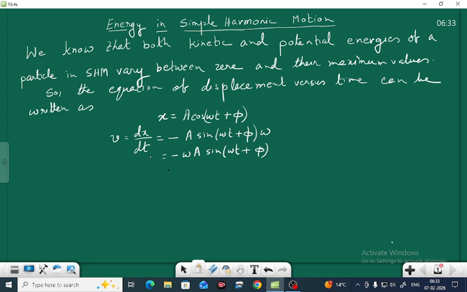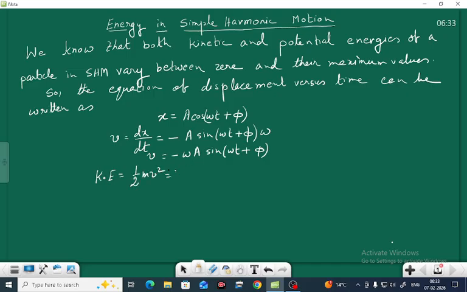This is the velocity. Now if we want to find the kinetic energy of a particle, we know that kinetic energy is equal to half m v square.